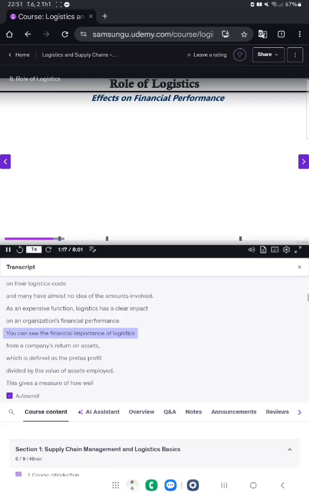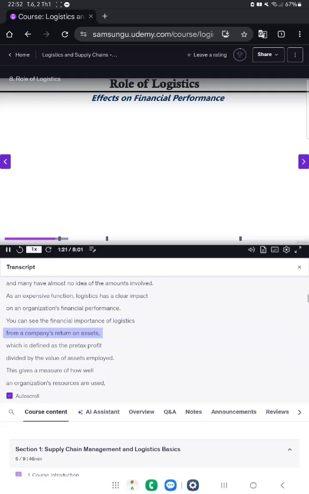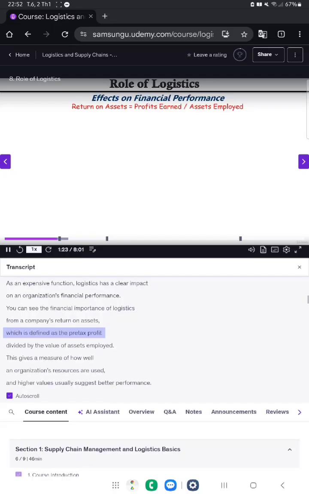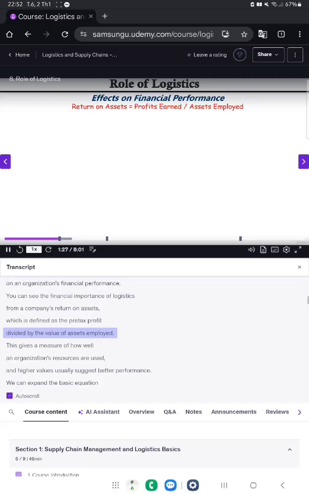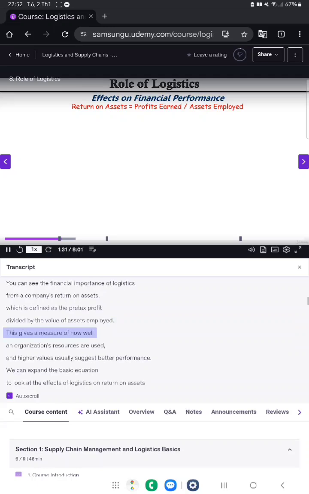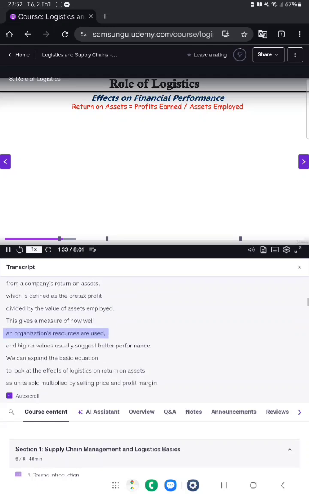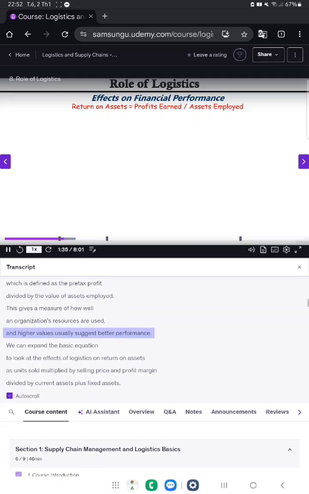You can see the financial importance of logistics from a company's return on assets, which is defined as the pre-tax profit divided by the value of assets employed. This gives a measure of how well an organization's resources are used, and higher values usually suggest better performance.